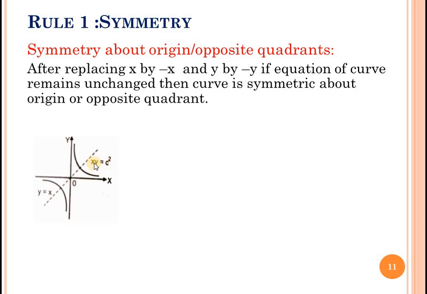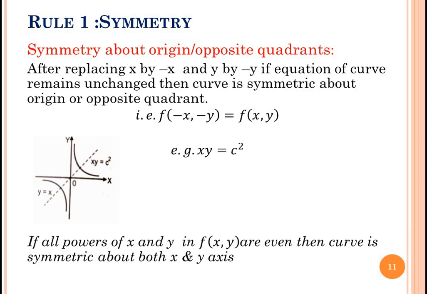If I replace x by minus x and y by minus y, minus minus becomes plus, and the equation of the curve remains the same. So this curve is symmetric about the opposite quadrant. It is the same in first quadrant and third quadrant. Note: if all powers of x and y are even, then the curve is symmetric about both x and y axis.